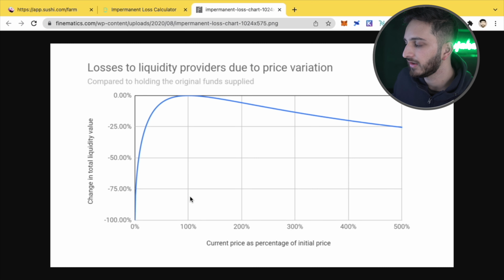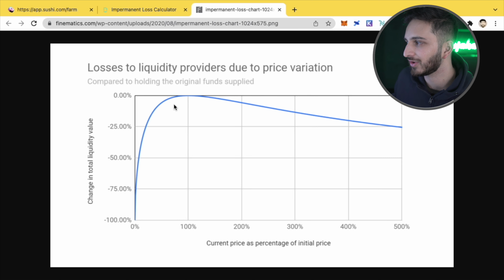I think one way to appreciate this is to go and have a look at this chart over here. So this chart shows us the losses to liquidity pool due to price variation. And generally when you provide liquidity, you're going to have 100% of the holding. So we're going to be right at this point here, exactly 0%. We're going to have no loss at all. You can see that if the prices of these assets change slightly, plus 10%, minus 10%, it doesn't really change the impermanent loss so much.